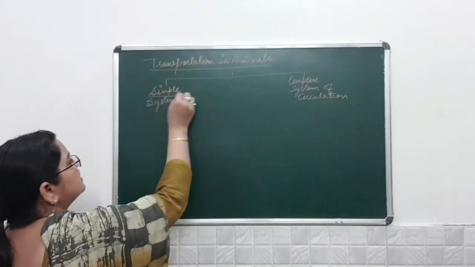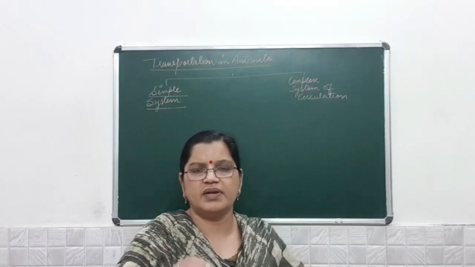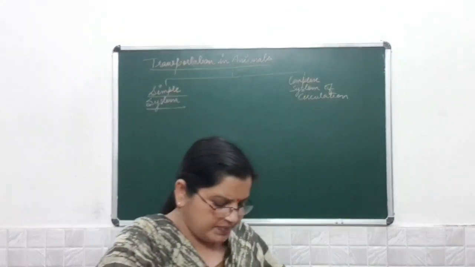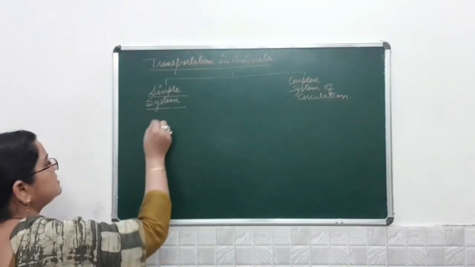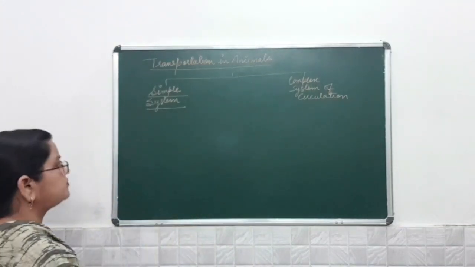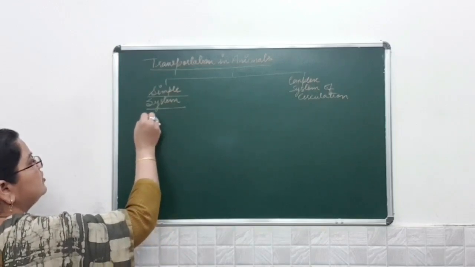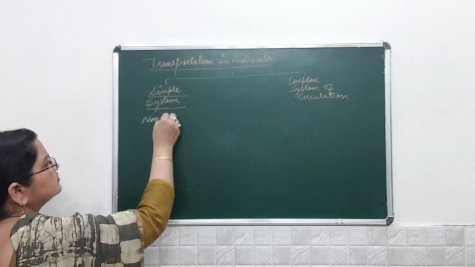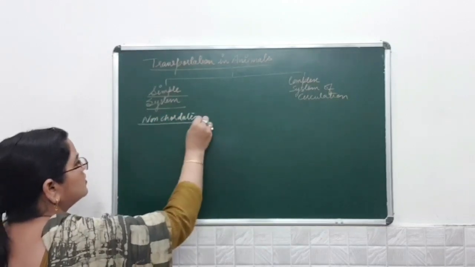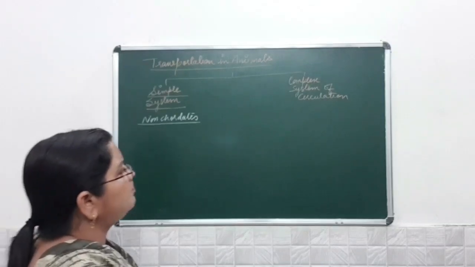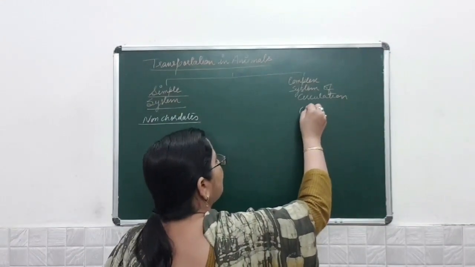Simple system of circulation is seen in non-chordates, and complex system of circulation is seen in chordates.